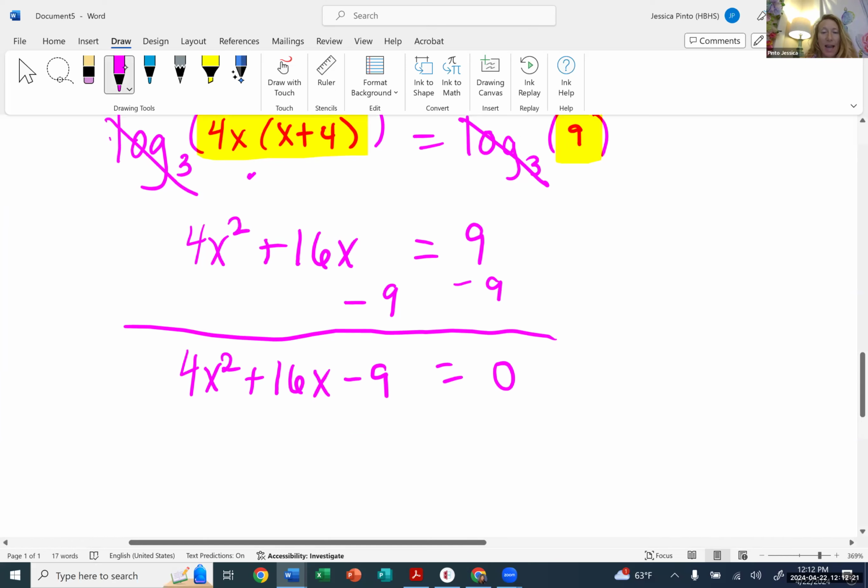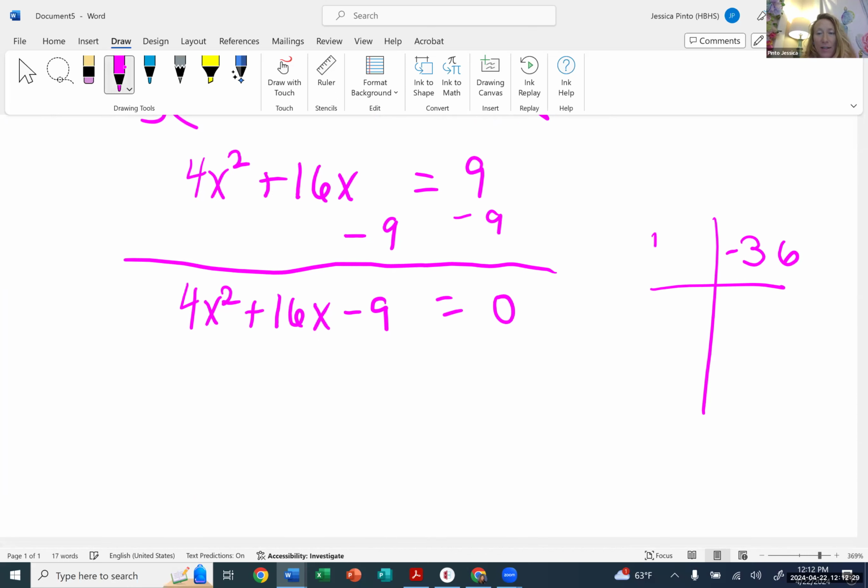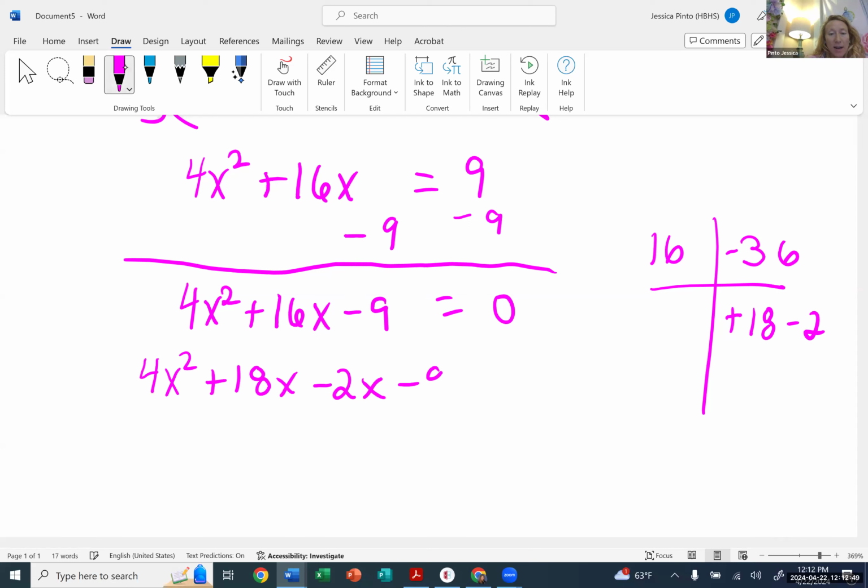I don't see any common value. 4 times 9 is 36. It would be a negative, and we have a positive 16 here, meaning I want positive 18 minus 2. 18 minus 2 is 16, and 18 times 2 is 36. So this is going to use factor by grouping. 4x squared plus 18x minus 2x minus 9.